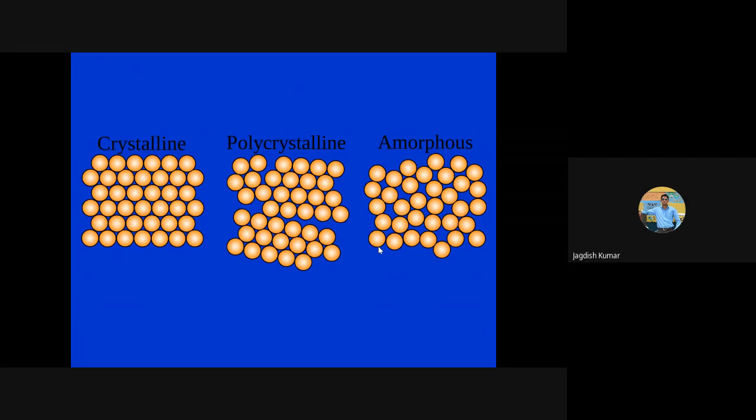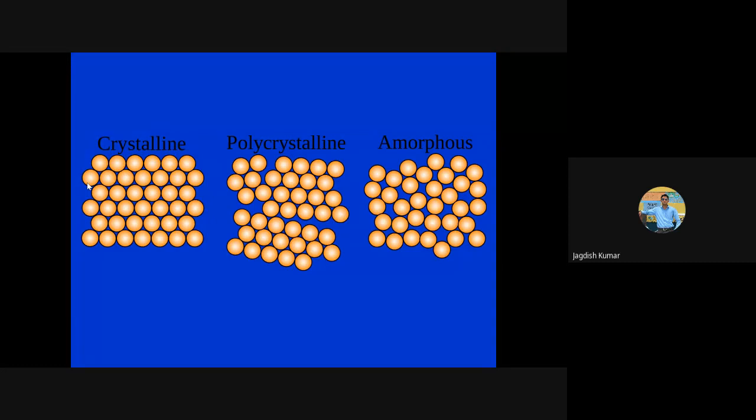So, what are crystalline solids? If you can see this slide, there are three types of solids demonstrated here. This is just a schematic representation. One type is crystalline solids, where the circles represent atoms in the solid, and you see a very systematic, periodic arrangement of the atoms.